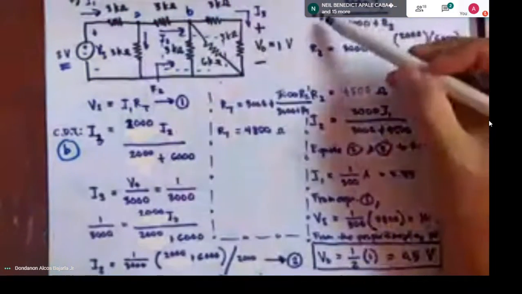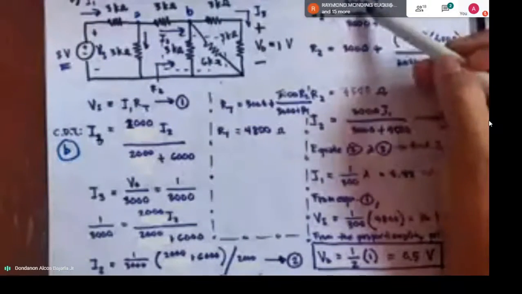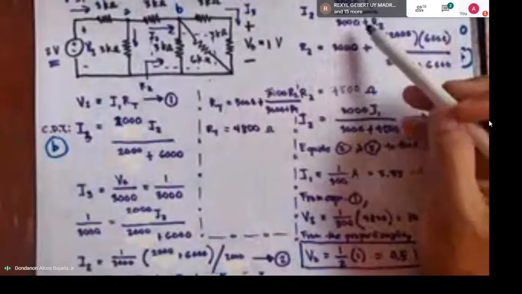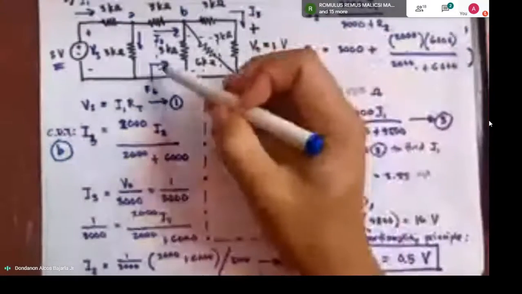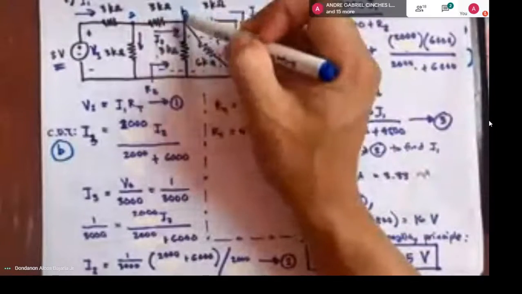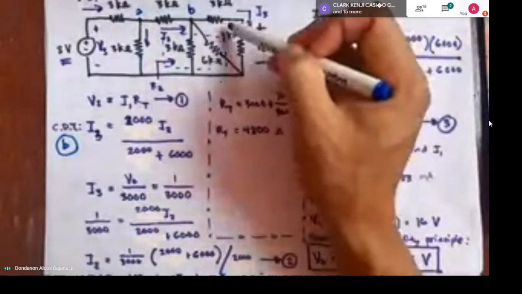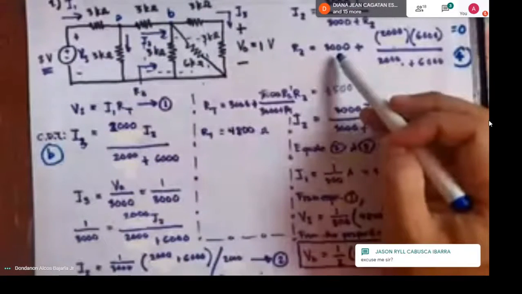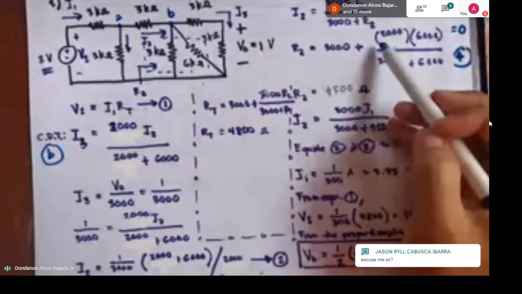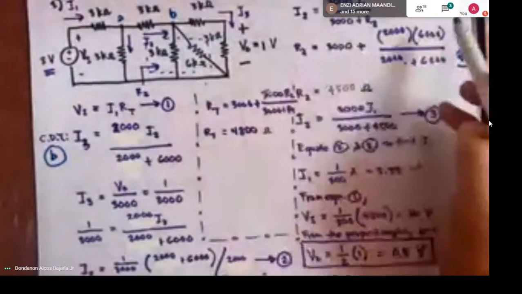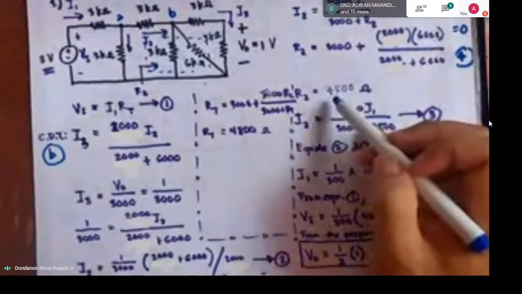So by current division, 3000 times I sub 1, which is the total current entering this combination, all over 3000 plus R sub 2, where R sub 2 is the total resistance here starting from A. That is 3000 in series with the parallel combination we combined earlier, 2000 and 6000, so the result is 4500.